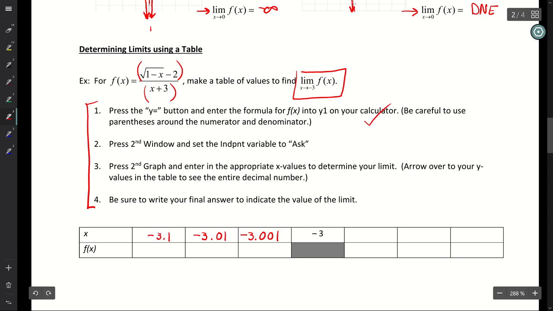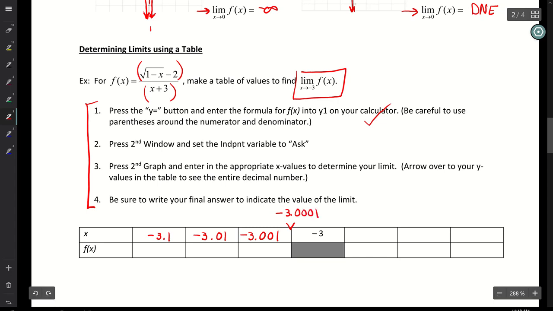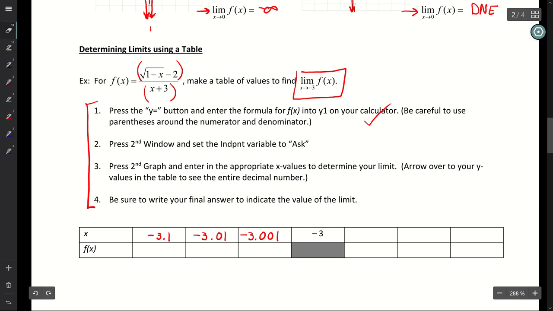What you can always do is insert. So if your table doesn't show you what you need, you can always get closer. So you could do like -3.0001 or something along those lines. Okay, so if you need to alter your table, we can definitely do that. And then to the right of -3, you're going to be looking at values like -2.9 and -2.99. The important thing is that you do these in order from left to right.